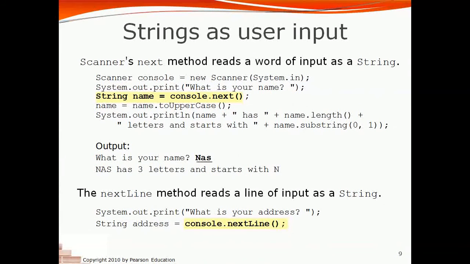Scanner is part of util, and next is a method in the Scanner class. So using the next method we can take a string as input. Scanner console: console is the object name and Scanner is the class name.